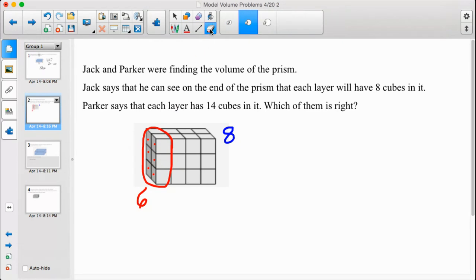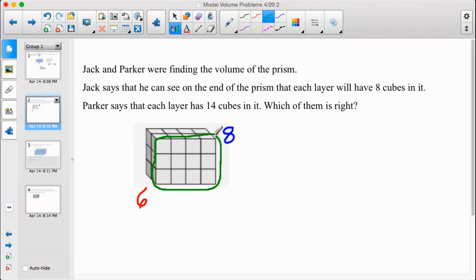Guys, we have one more way that we can slice it. So I'm going to erase this. Let me erase that. And I'm going to show you one more way that we can slice it just to make sure. Now I'm going to slice it up and down, but I'm going to go this way so that this whole front would be a layer.